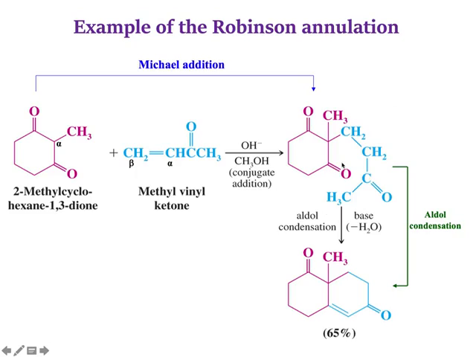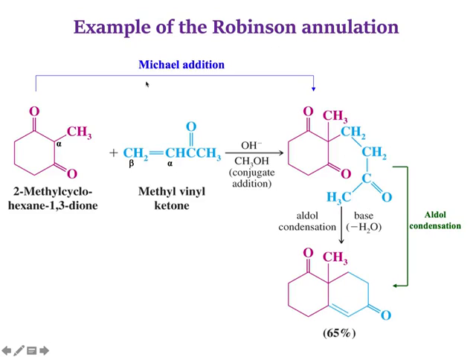After that, continue this process to form the Aldol condensation, which eliminates the water to form the pi bond here. Okay, this is a part of the Michael addition, and this one is a part of the Aldol condensation.